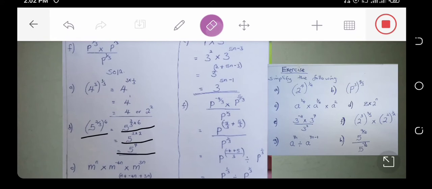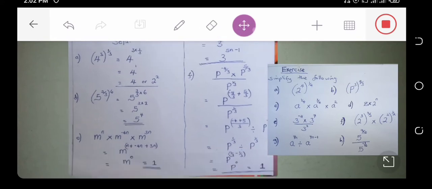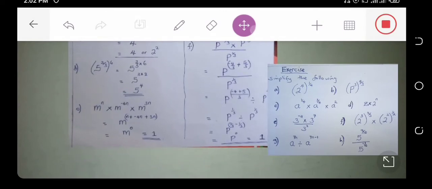Now let us look at C. C we are given as M to power n times M to power negative 4n times M to power 3n. Whether the powers are negative or positive, so long as we are multiplying indices whose bases are the same, we just add the powers.